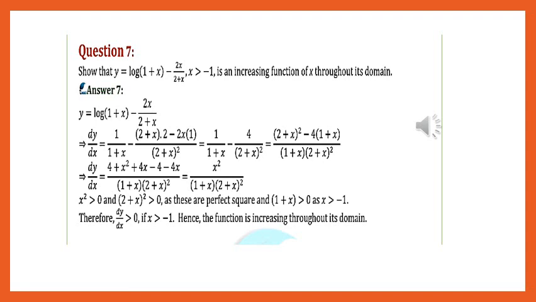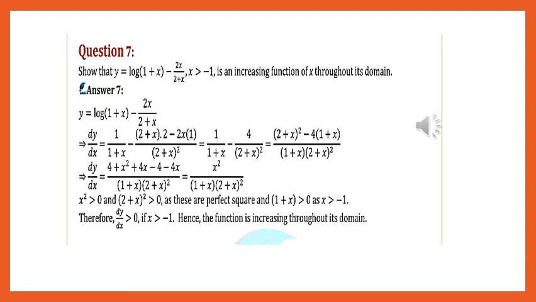So once again, denominator, that is 2 plus x, into derivative of numerator, that is 2. So 2 plus x multiplied by 2 minus numerator 2x into derivative of 2 plus x, that is 1, divided by 2 plus x the whole square.